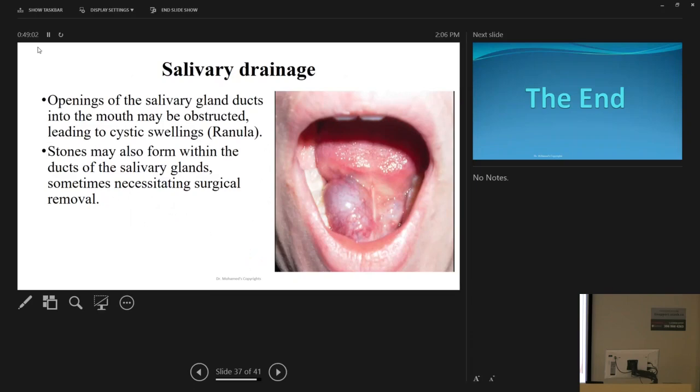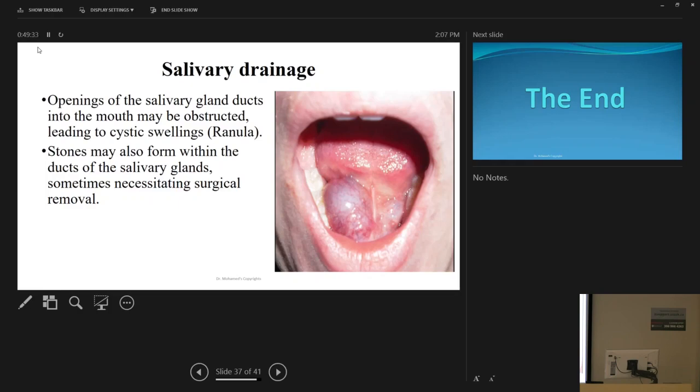Now the salivary drainage. When these salivary glands are sending this saliva towards the areas under your tongue through the ducts, sometimes it gets obstructed, right? When it gets obstructed, it gives these cystic swellings. The technical name for the cystic swellings is ranula.